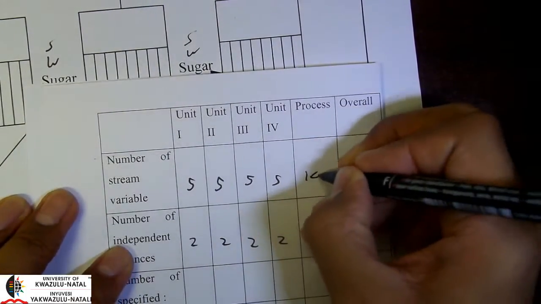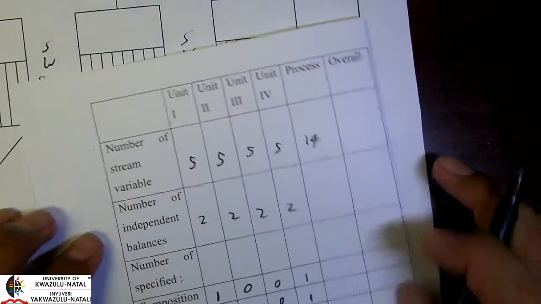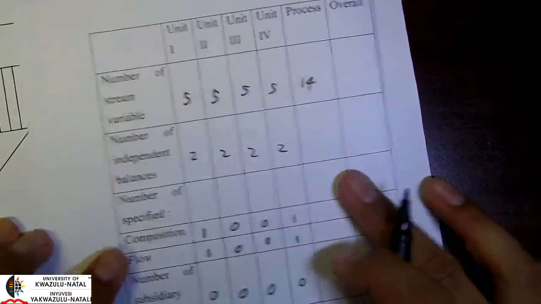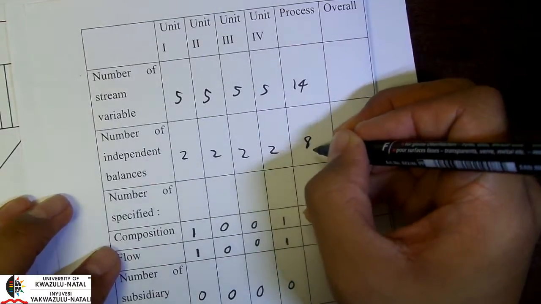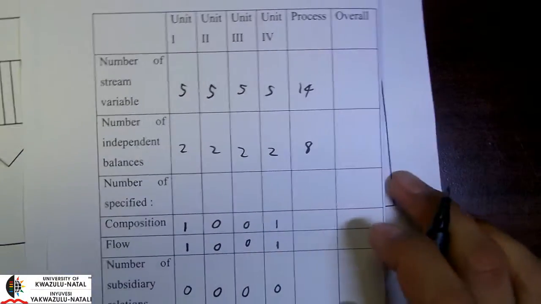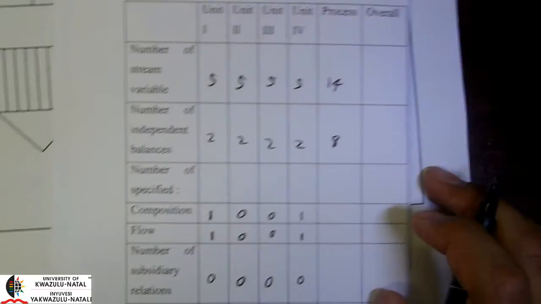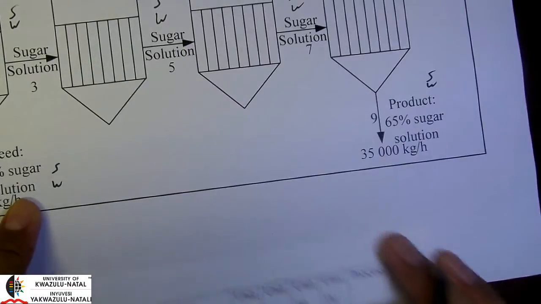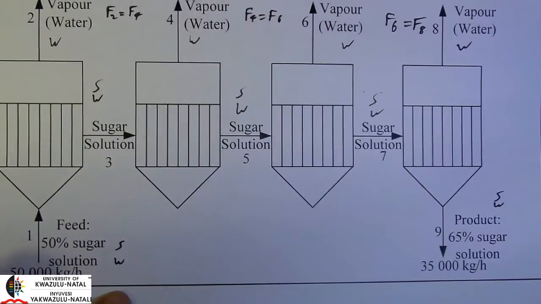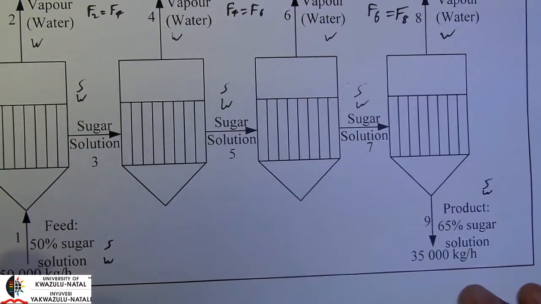So that's 14 stream variables. Remember, we can just add up these balances here to obtain our process balance. In terms of our specified compositions and flows, we have in the entire process 2 flows and 2 compositions.